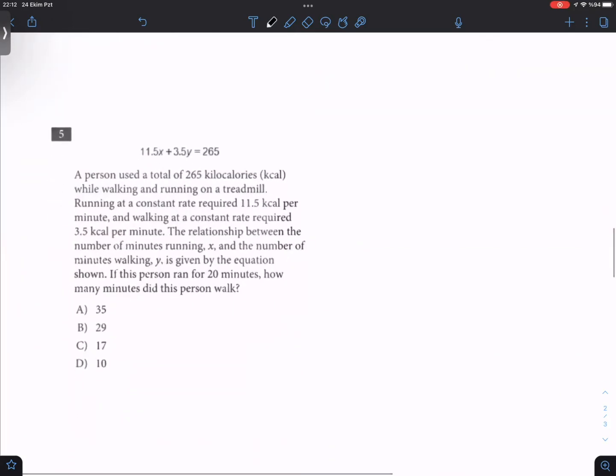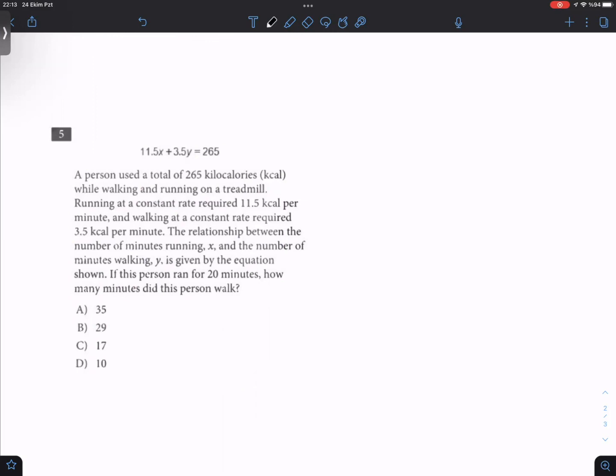Moving on to our last question for today. The question gives us an equation, which is 11.5x plus 3.5y is equal to 265. A person uses a total of 265 kilocalories while walking and running on a treadmill.